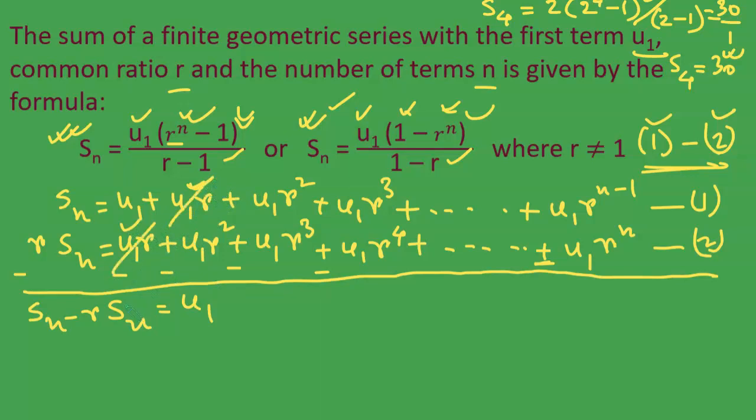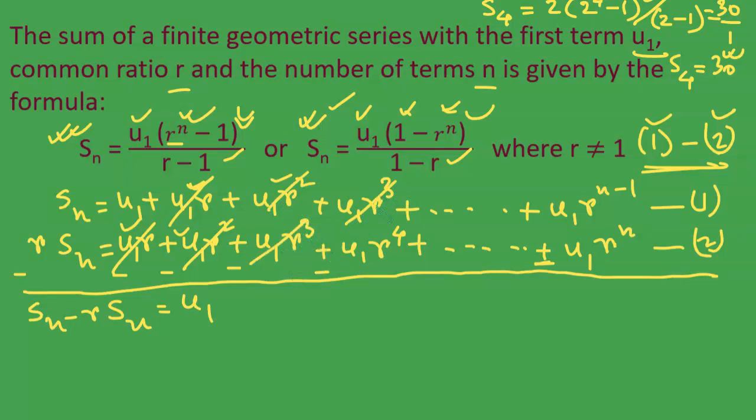So I can safely cancel them. Coming to the third term of the first equation, it is U1 R square, and the second term of the second equation is negative U1 R square. So I can cancel them. This is plus U1 R cube, and this is negative U1 R cubed.